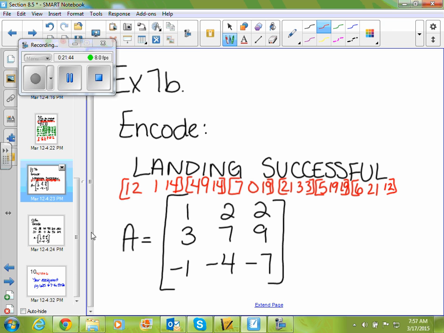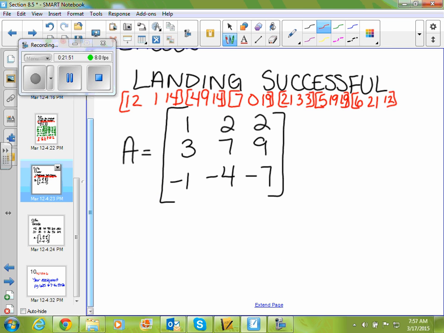So I'm given those 6 matrices that I need to encode using matrix A. So I'm going to do that by multiplying. My first matrix, 12, 1, 14, I multiply by matrix A to get an encoded matrix of 1, -25, -65.